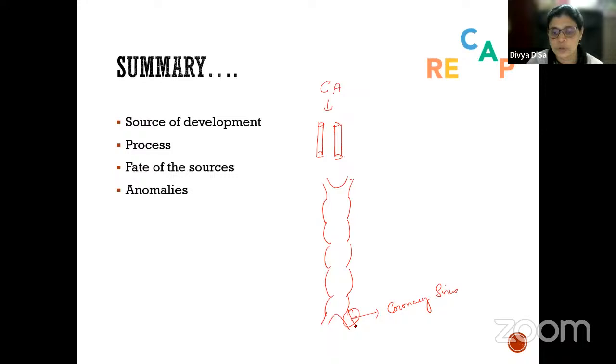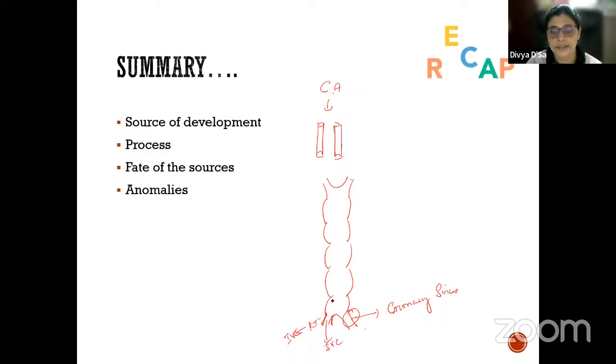To this was opening the left common cardinal vein, which formed the duct of Cuvier. Here we had the right horn. What happened with the right horn? The right common cardinal vein is inferior vena cava. And the vitelline vein here will be superior vena cava.